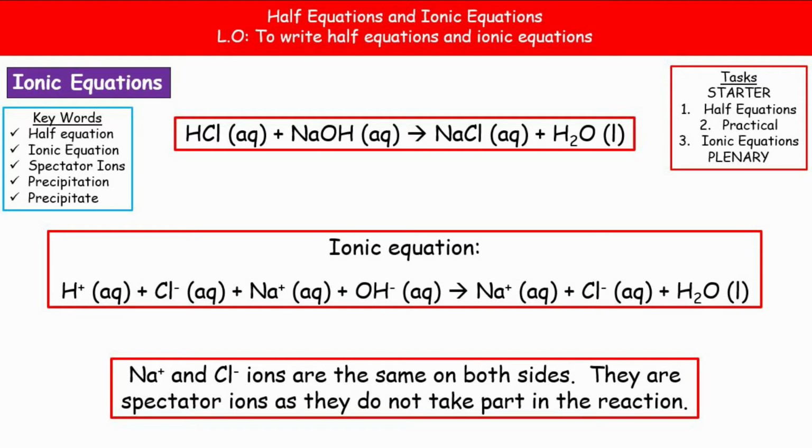Any of those ions that are the same on the left as on the right, we refer to as spectator ions, because they're not taking part in the reaction, they're just sitting back and watching it. So what we do is we're not going to include those when we write the net ionic equation. But I'll give you a minute to write down those points first of all, just so you've got this stage in your books.